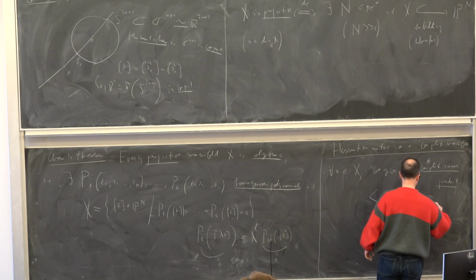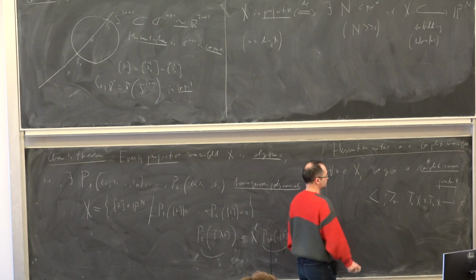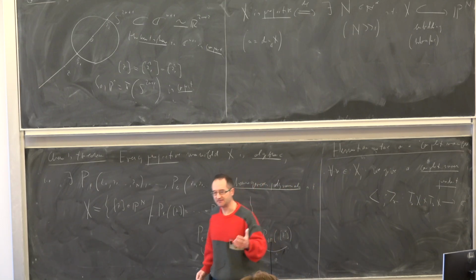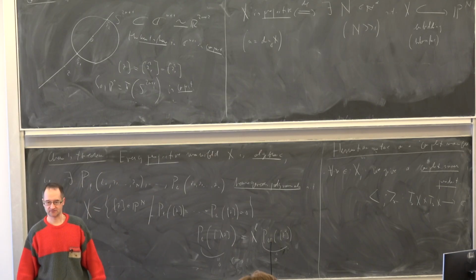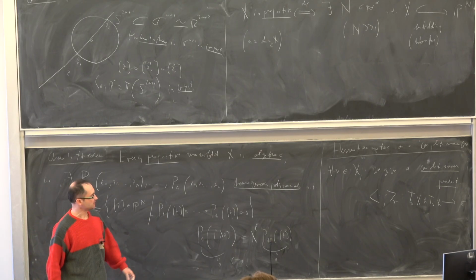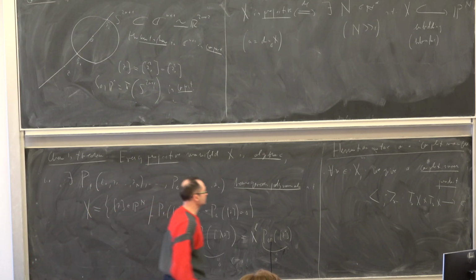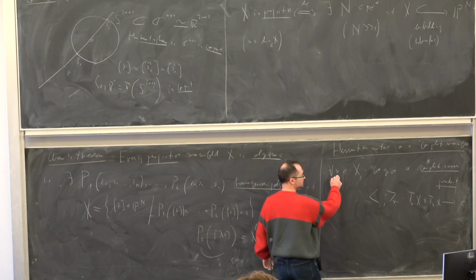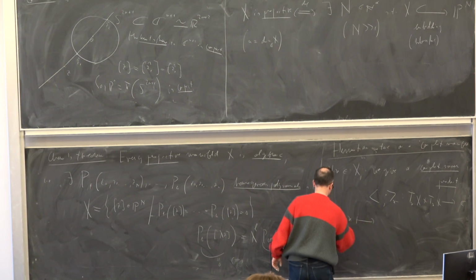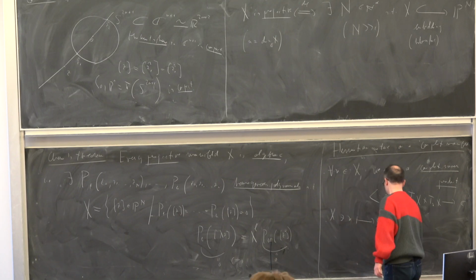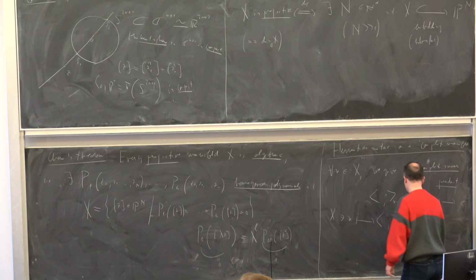T_xX cross T_xX with values in C. So for me, an inner product is positive definite, because there are people for whom inner product is just a non-degenerate sesquilinear map. So here, inner product means a positive definite sesquilinear map, right? And then we require these inner products to depend in a C-infinity way on the point x. So the mapping from the point x in X to the inner product at this point x, we require this to be a C-infinity map.